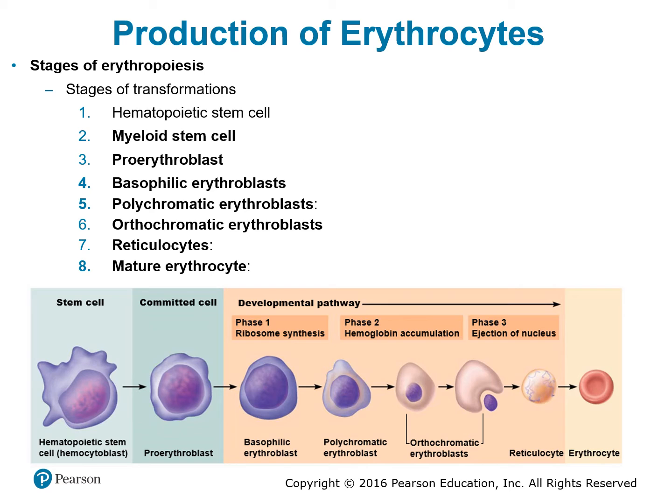Next, the reticulocyte will form, and this still contains a small amount of ribosomes. However, as this differentiates into the mature erythrocyte, in approximately 2 days after the differentiation, the ribosomes will degrade and the reticulocyte will transform into a mature red blood cell.